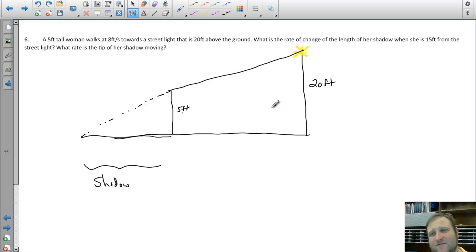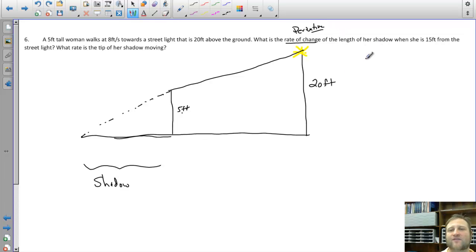I'm sure we've all done this at one point: we've walked and seen our shadow getting smaller or larger as we walk toward or away from a light source at night. But this is a way for us to talk about how it works. So let's think about this. We want to know the rate of change, so again, we're thinking derivative.